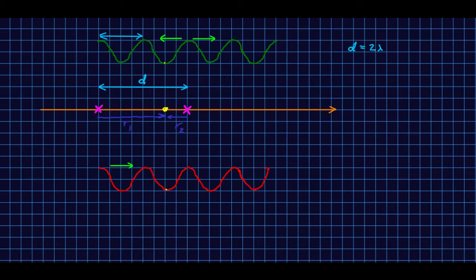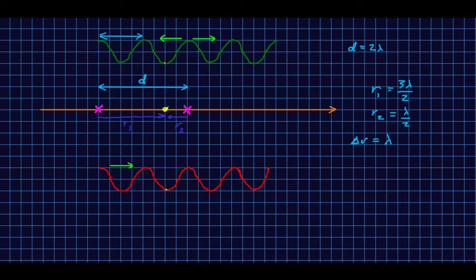And note that R1 is 6 units, so that is 1.5 lambda, 3 lambda over 2. And R2 is 2 grid units, that's half lambda, lambda over 2. And so our delta R, I'll choose to make it positive, so I'll take R1 minus R2, and so it's lambda. Well, we saw before what that means.